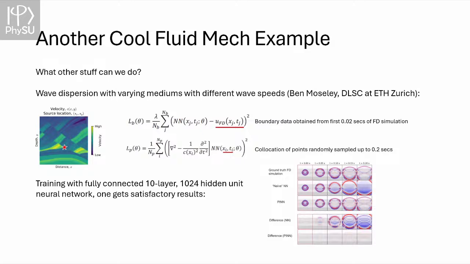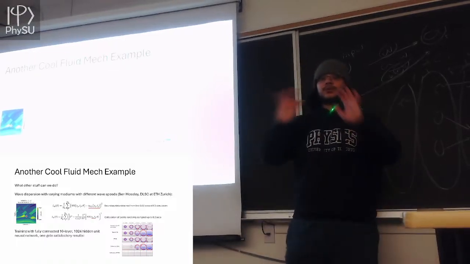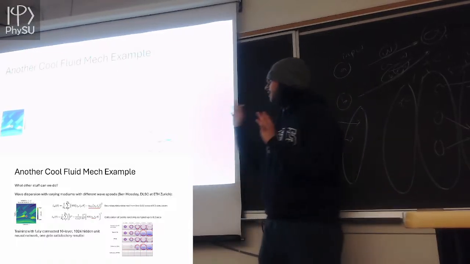We get the boundary data from the finite difference simulation that we're running up to like 0.02 seconds, right? Because we need some boundary points. And then we get some collocation points randomly sampled up to 0.2 seconds. And these collocation points have to obey the wave equation, which is defined over here, right? So again, we use a really complex neural network now, because this is a really complex thing to solve.